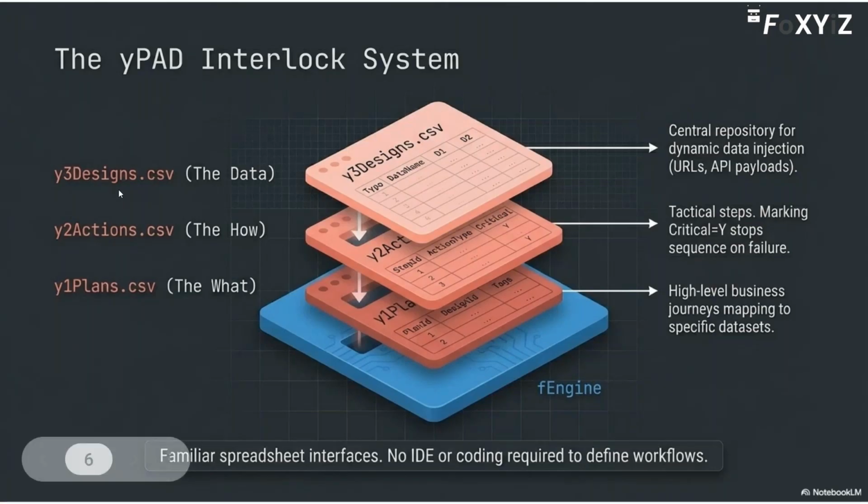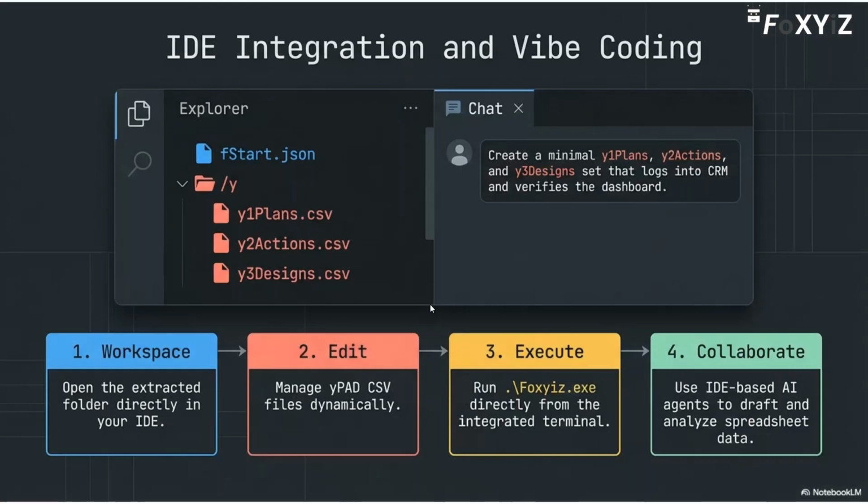So I can change my avatars or data, and that goes into designs. So this plans, actions, designs becomes the main component that is very easy for the engine to say, I exactly know what you want to do. That's where we get it.